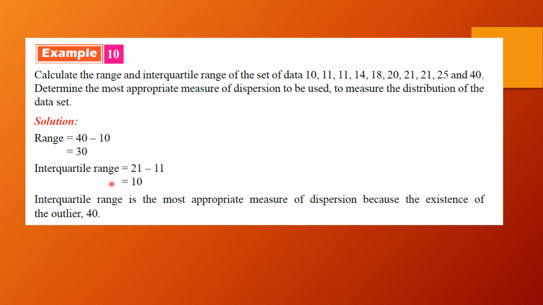Next, interquartile range. For the interquartile range, the first step is we find the median. So from the given data, you have 10 values. So you divide into 2. When you divide into 2, then for the first quartile, you find the center value of the first part, that is 11.